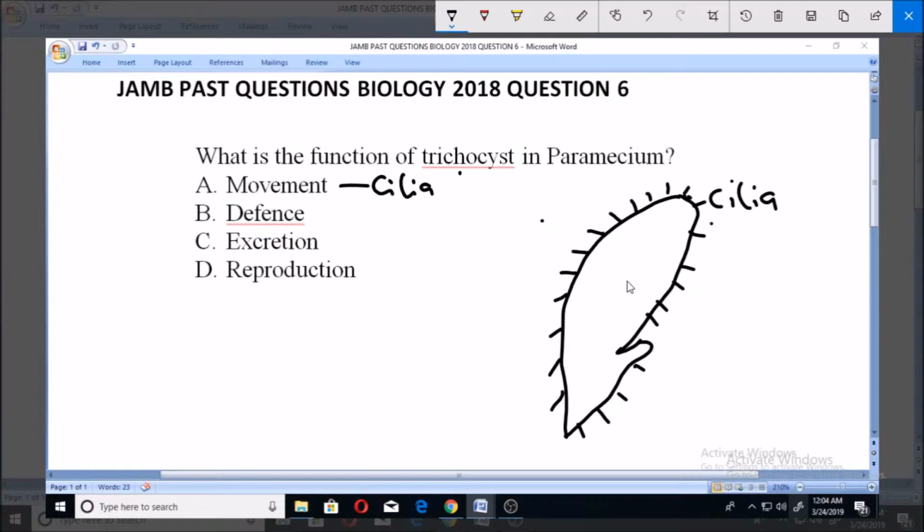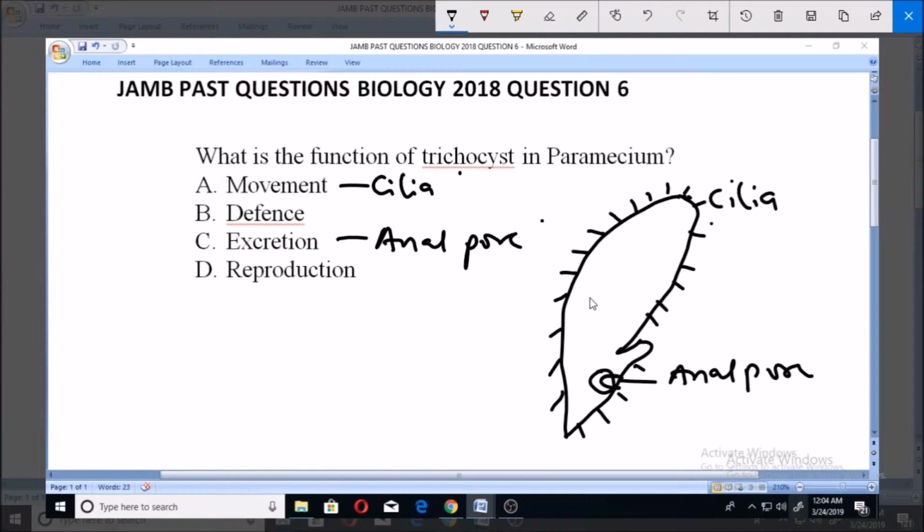Now we also have what we call the anal pores, and this anal pore is used for excretion. Anal pore is used for excretion.